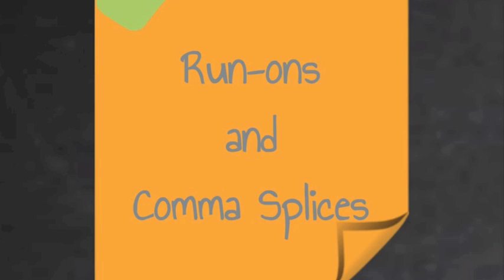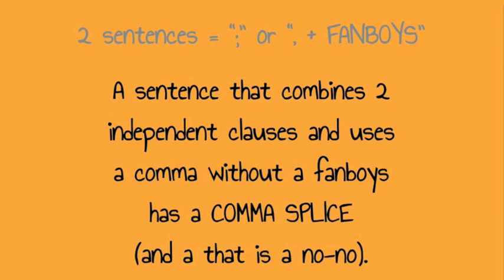A run-on is a sentence that really has more than one sentence in it and uses incorrect punctuation. If you're going to put two sentences together, you can only do that in two ways. Either use a semicolon and only a semicolon, or use a comma with a fanboy.